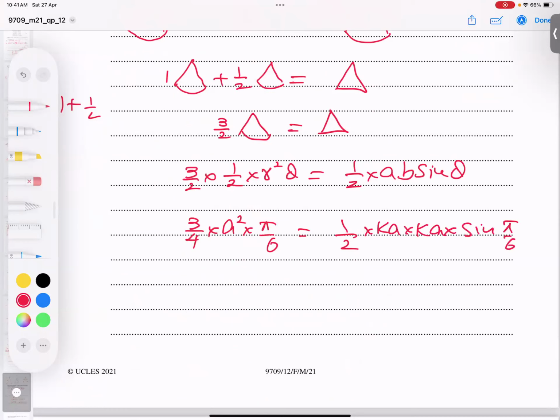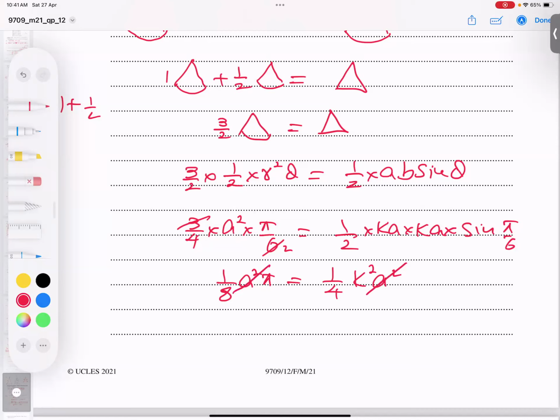Okay, student, this is a 3 cancel, 2 4s are 8. I get 1 by 8, a square times 2 pi. And what is the sine? You check it in the calculator, make sure it is radians, sine pi by 6 is half. I got 1 over 4, k square, a square. A square cancels out.